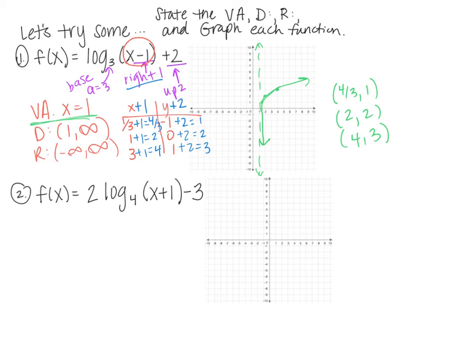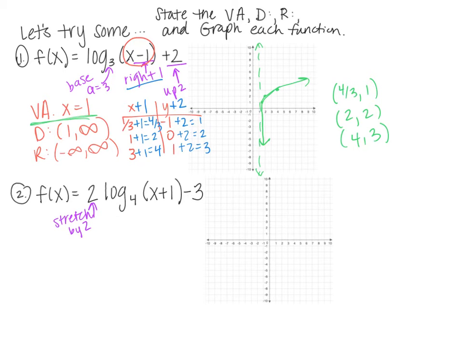All right? Again, I'm going to start by describing it. Here I'm going to see this 2 is going to be a stretch by 2, which remember when we looked at exponential, we said a stretch is really going to look like how far away or how close to the asymptote I actually am.